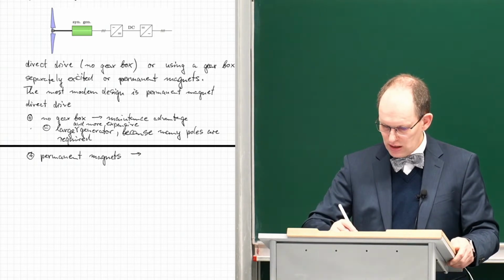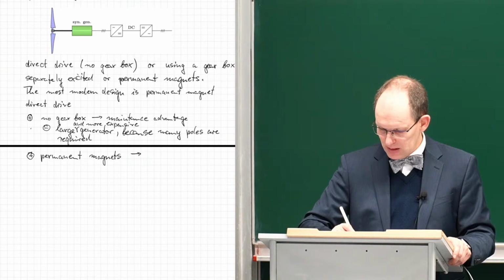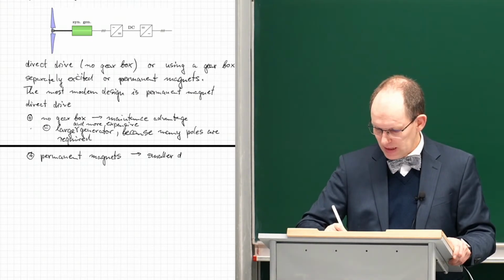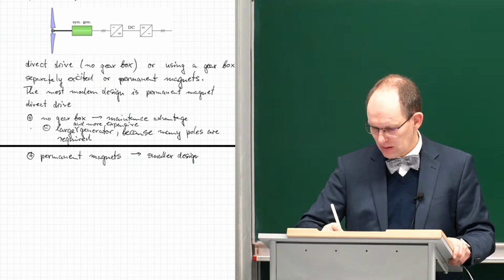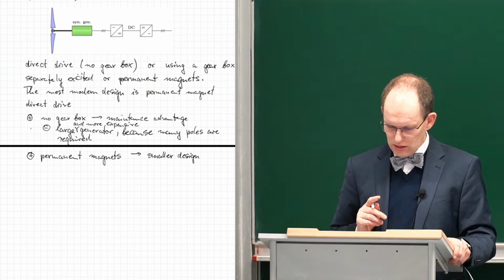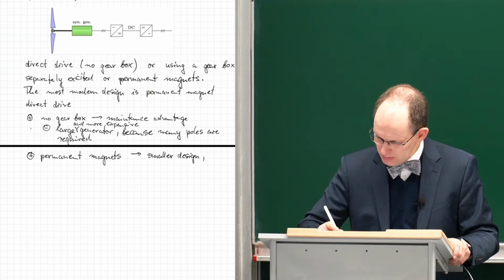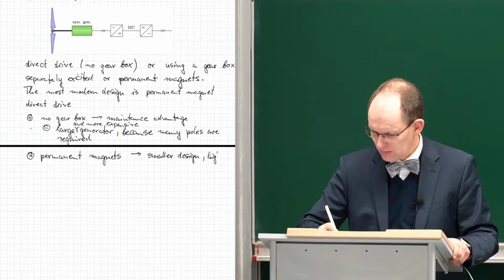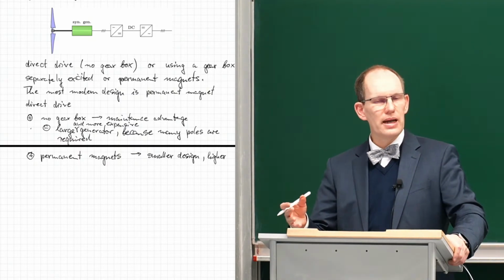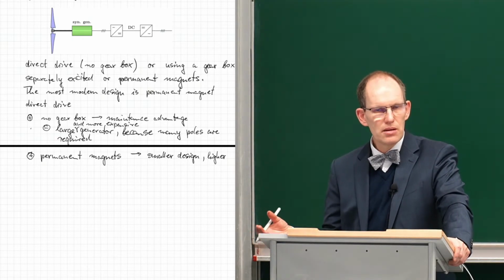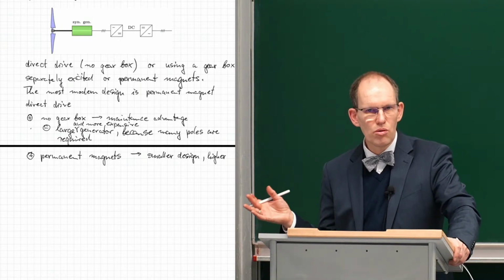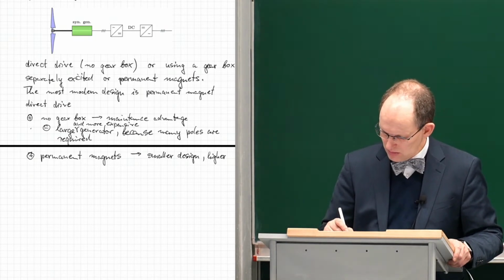The advantage is smaller design, and actually a little bit higher efficiency. Because if you have an electrically driven magnet, then of course you always have to take into account ohmic losses.